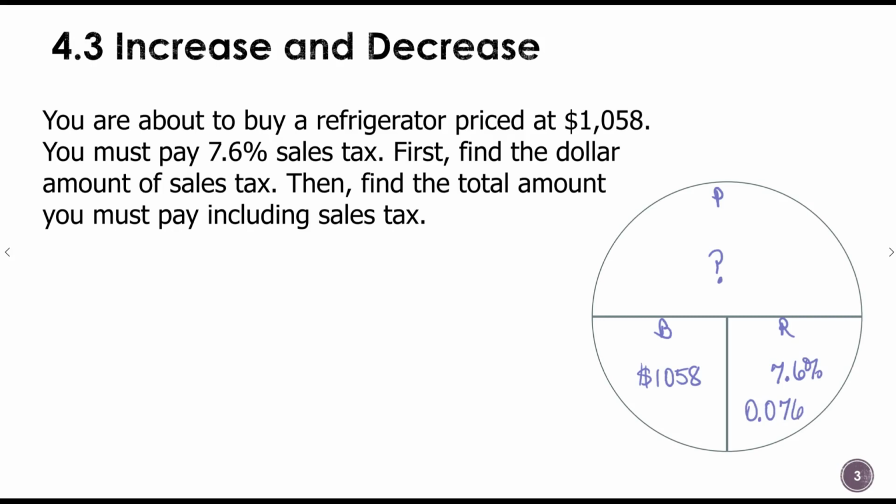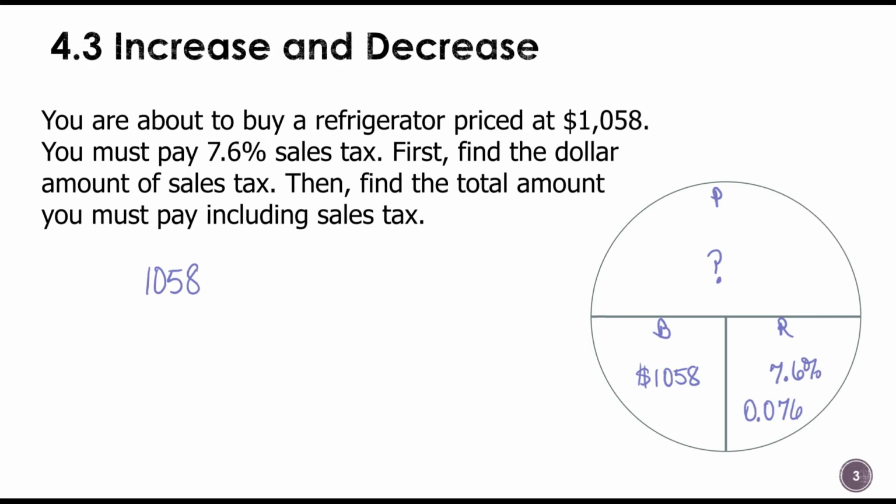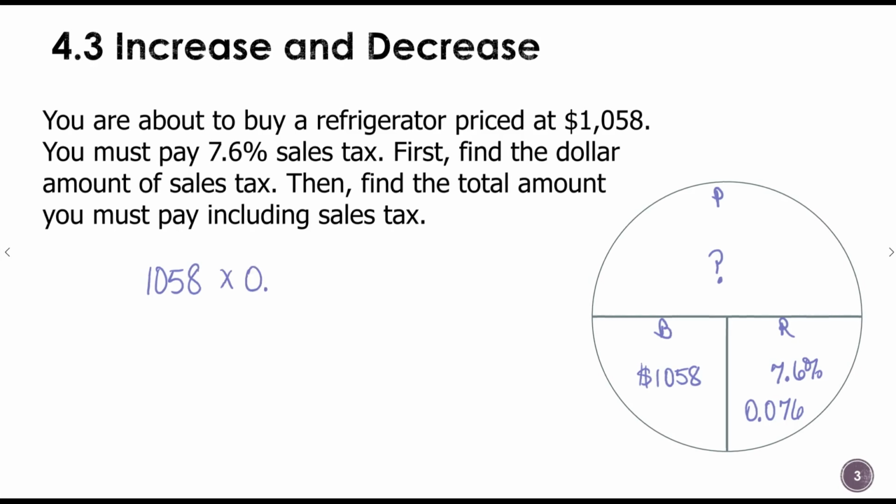As you go through this class, you'll probably get real quick at changing a percent to a decimal, and don't use a percent key on your calculator because you need to know how to do this on your own to make sure that you're on track with everything that we do in this class. So 1,058 times our sales tax rate of 0.076 is $80.41. So that's our portion, right?